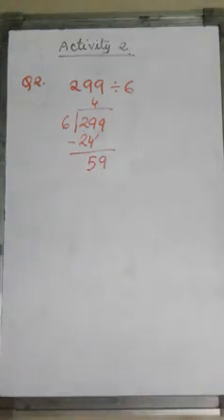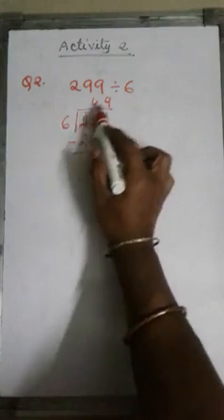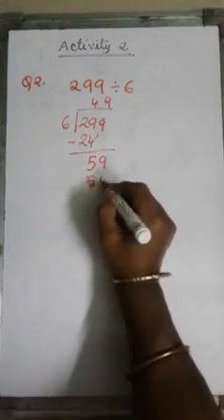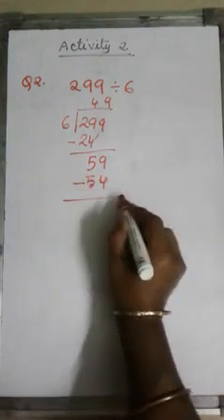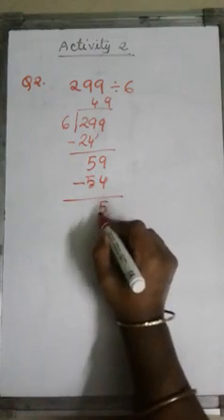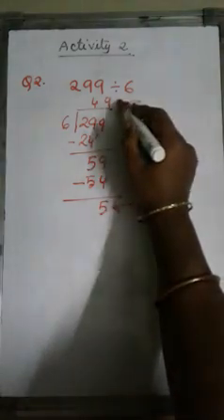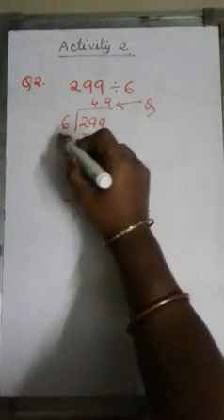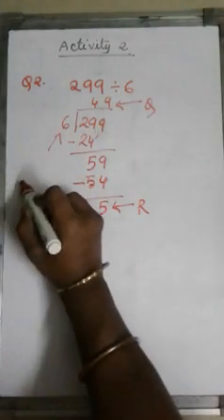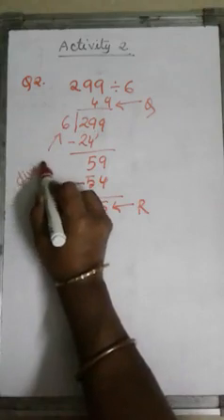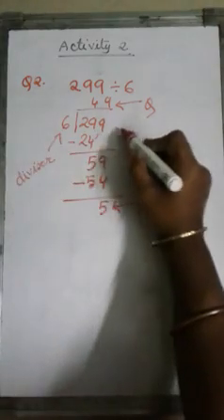In 59, we can divide 6 how many times? It is 9 times. 6 into 9 is 54. If I subtract, it is 5. So this is my remainder. This is my quotient. This is the divisor. And this is dividend.